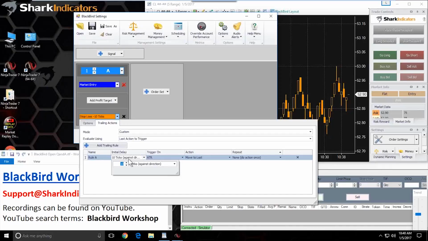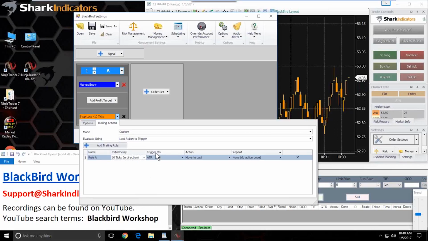All right, so I'll just leave this as a 10 tick profit. We'll set this delay to 10 tick profit. Once we get a 10 tick profit achieved, the next step is the trigger on gets evaluated.